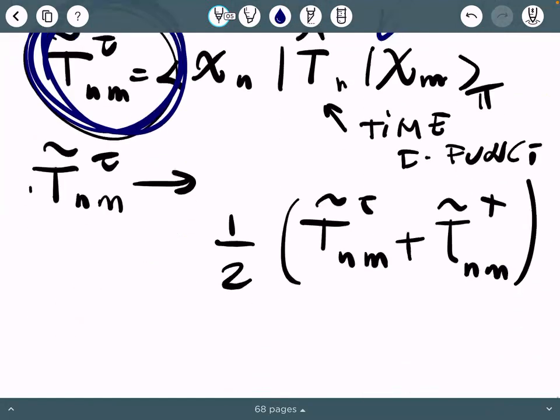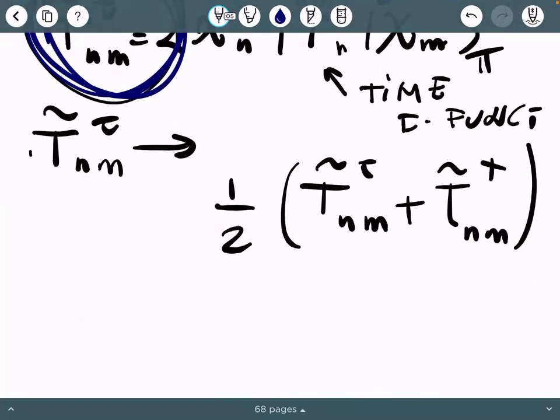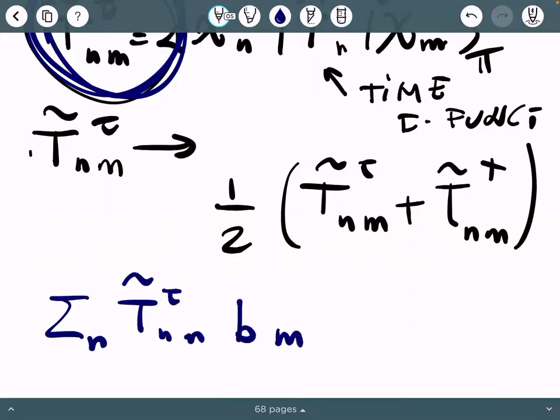And once you have this matrix, you can, of course, diagonalize it. You can symmetrize it. And once you have symmetrized it, you can easily diagonalize it. So we can easily go forward and get an expression, sum over m of T tilde_nm B_m equals lambda tilde B_n.